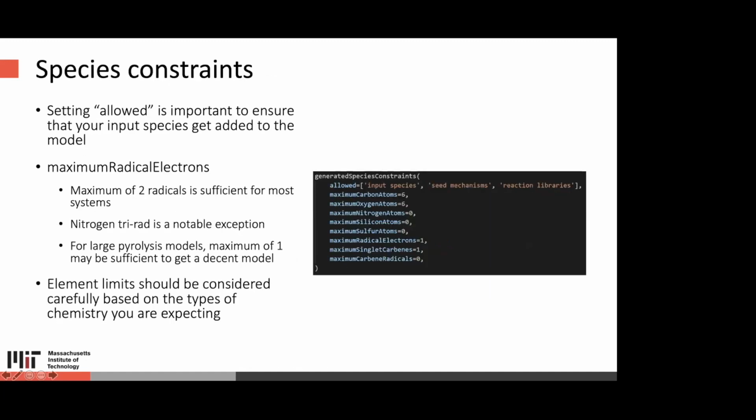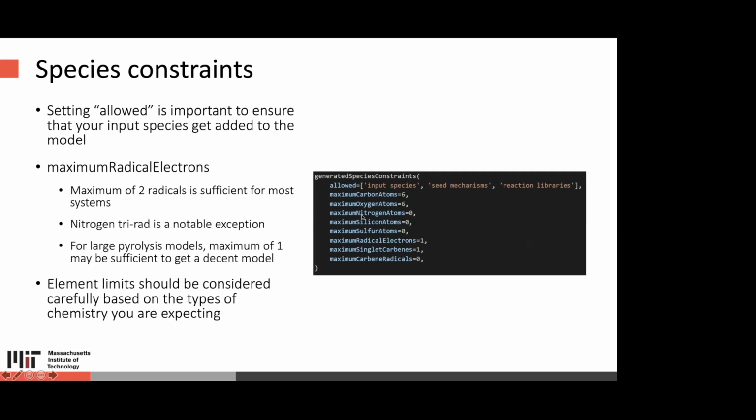So for the species constraints in the input file, you should always set allowed, which is important to ensure that the species in your input file can be added to the model. And you can also specify the maximum radical electrons or maximum carbon atoms, oxygen atoms, or nitrogen atoms.